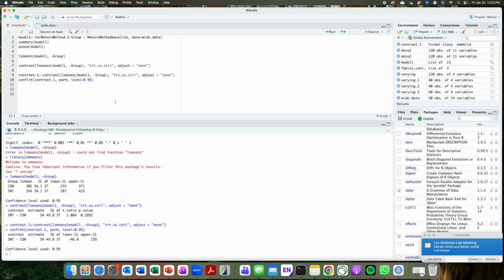So the first thing that we're going to do is call up our matrix for the intervention. For this, I'm just going to call it C1, for simplicity. I want to call this line, so the matrix for the intervention group.